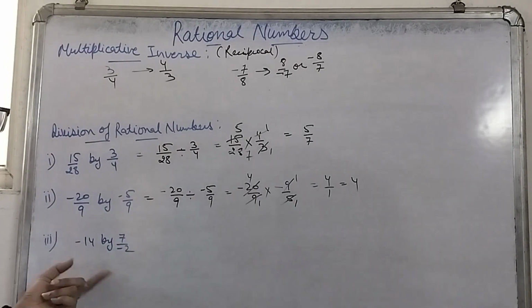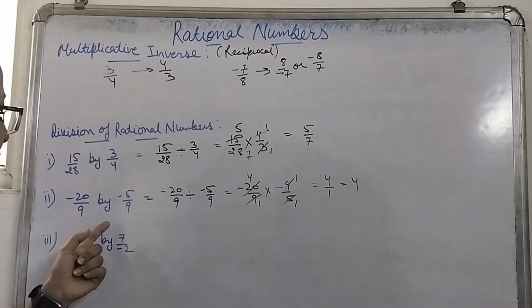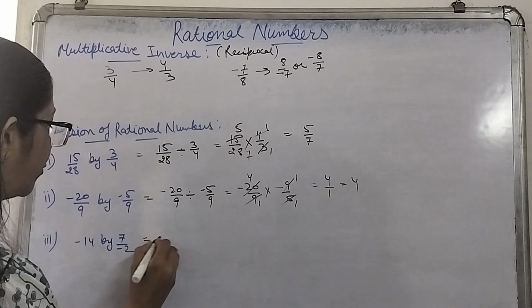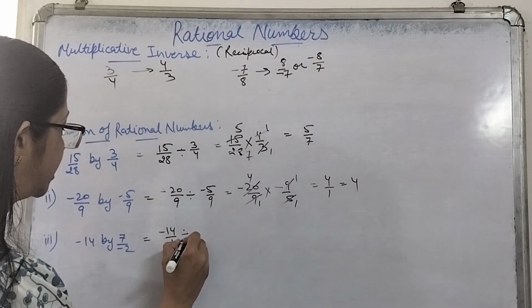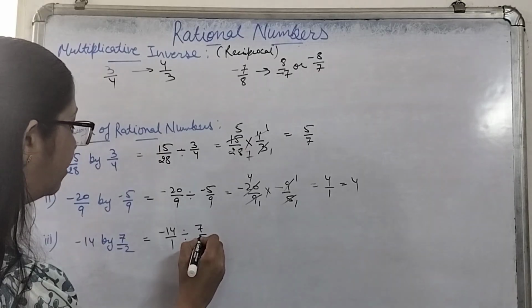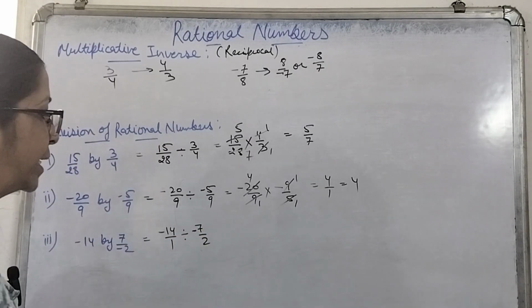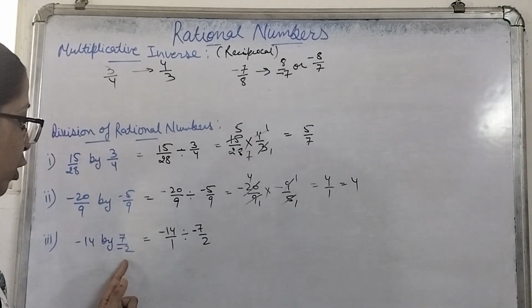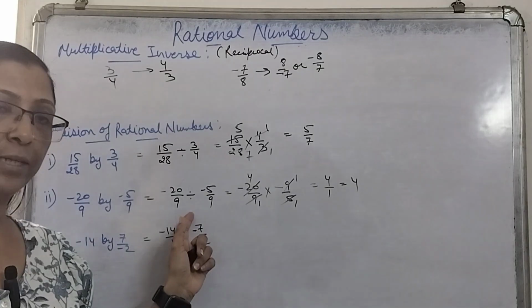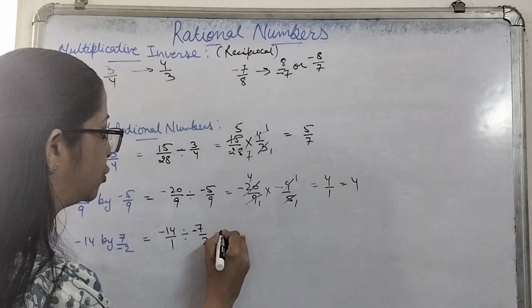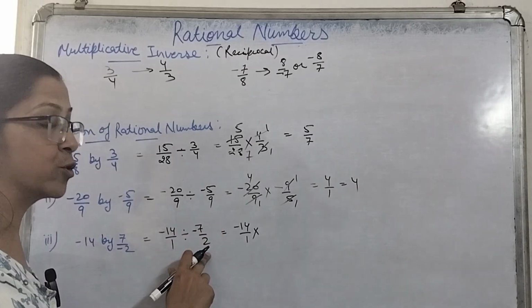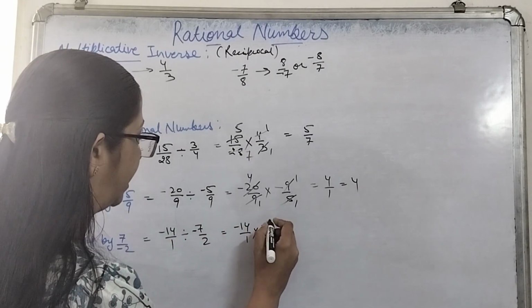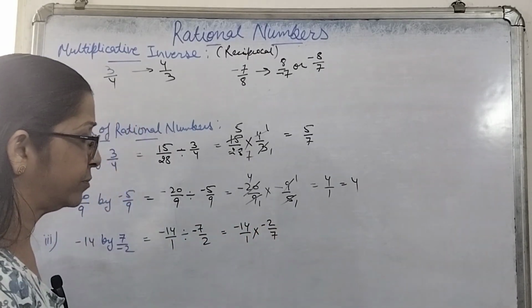The next question is, if we want to divide minus 14 by 7 over minus 2. So we write minus 14 over 1 divided by 7 over minus 2. I am taking the minus sign in the numerator instead of in the denominator. Now division will change to multiplication, and the divisor is going to reciprocate. So it will be minus 2 over 7.